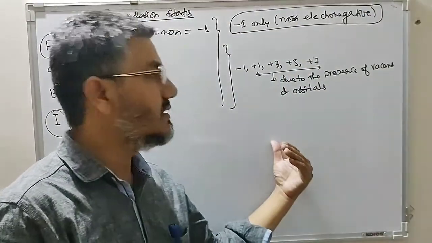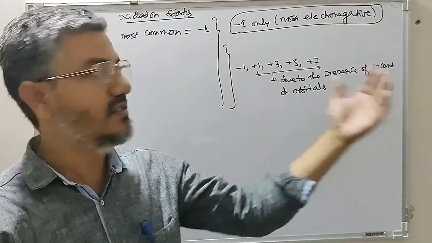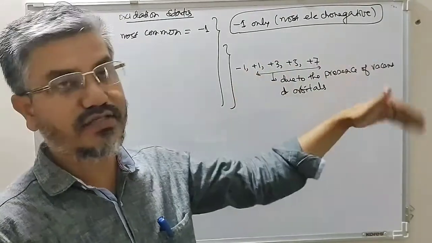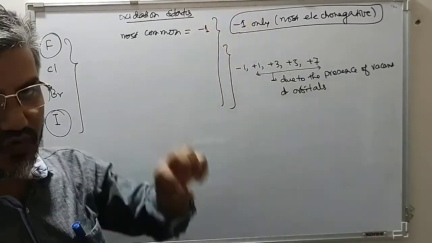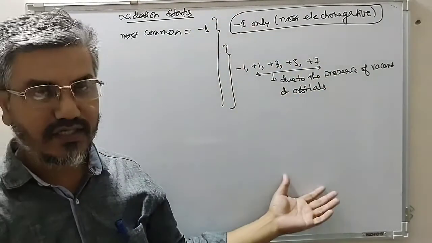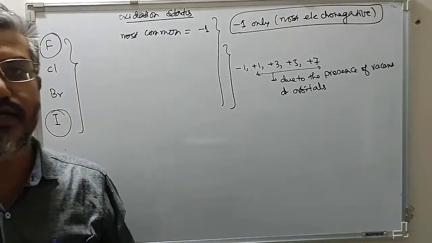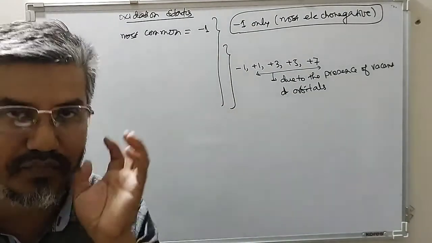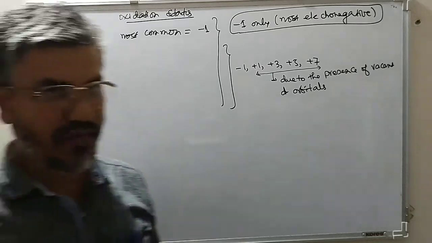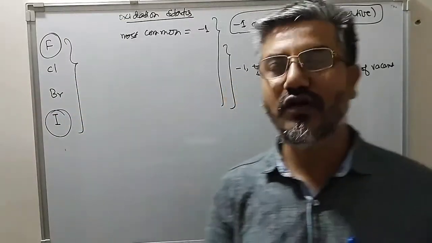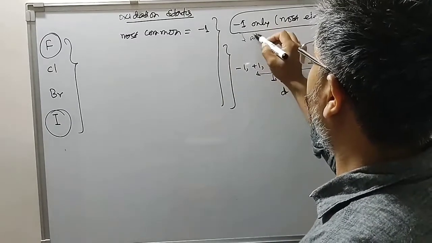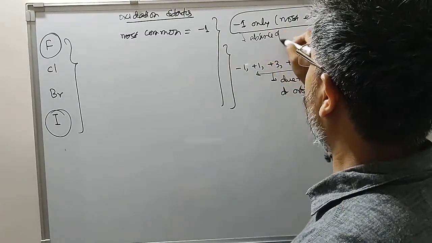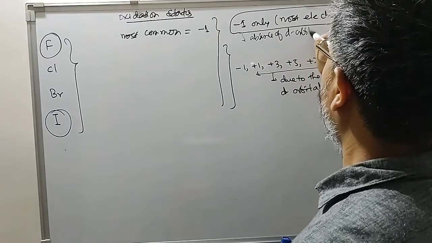As a result, the oxidation state increases from +1, +3, +5 to +7. Whereas fluorine, being the smallest and most electronegative, does not have vacant d orbitals, so electrons cannot be excited to the d orbital. So fluorine shows only one oxidation state, due to the absence of d orbitals.